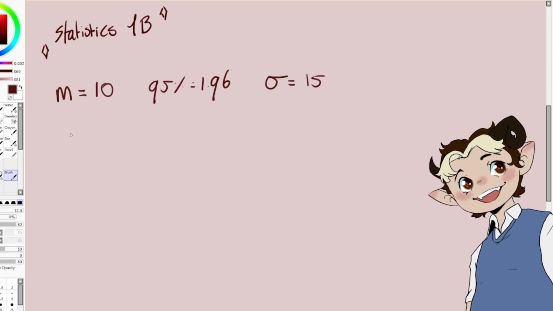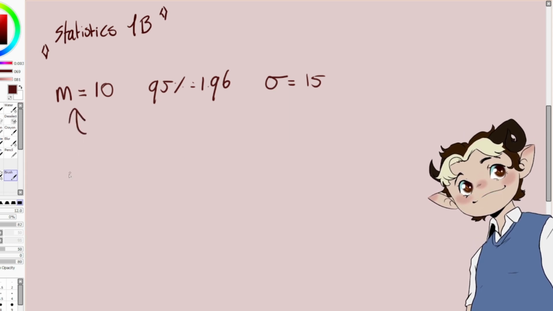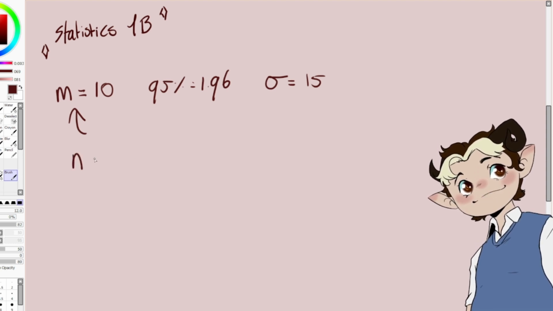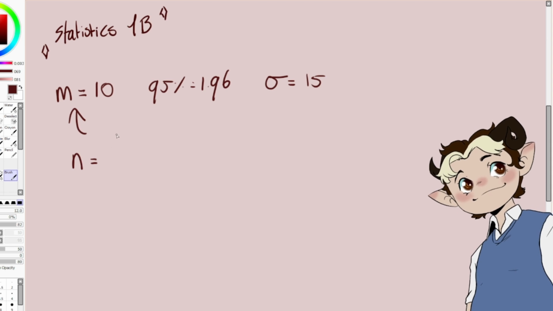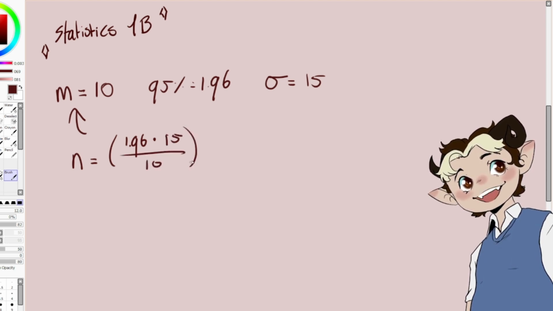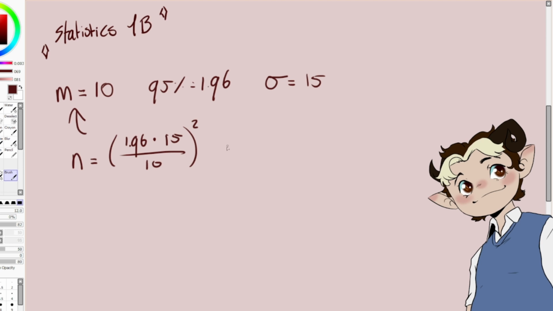How many people do we need to get this? We can redo our calculations to get our n, which would then be 1.96 times 15 divided by 10, squared.